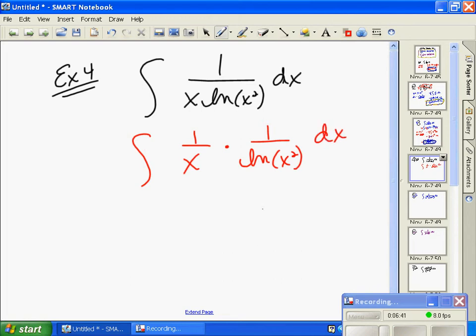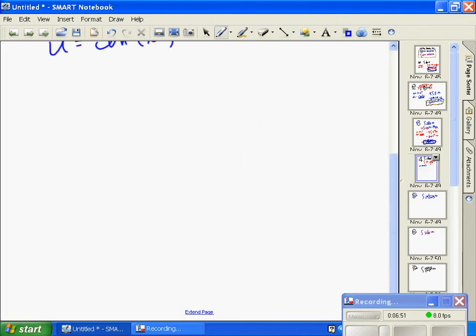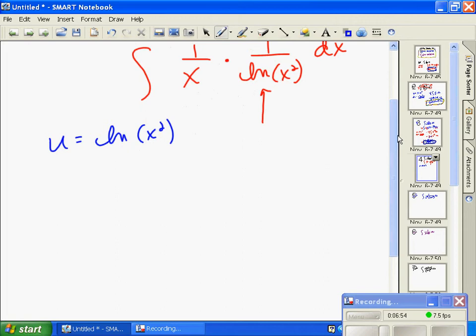So then this is a more complicated looking fraction, the second one. So I'm going to look at that and say, well, what if I let u be equal to the natural log of x squared? So then my du is going to be my 1 over x squared times my derivative of my x squared, which is 2x dx.